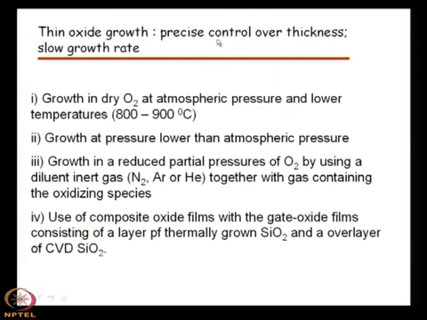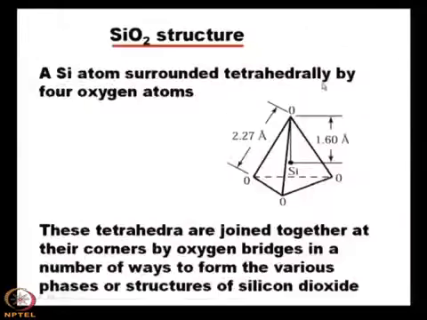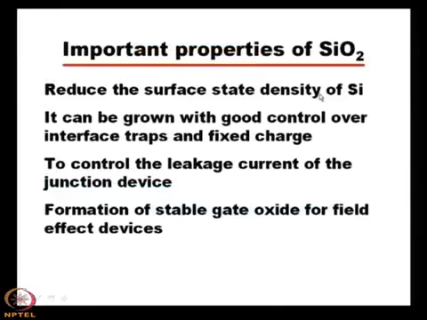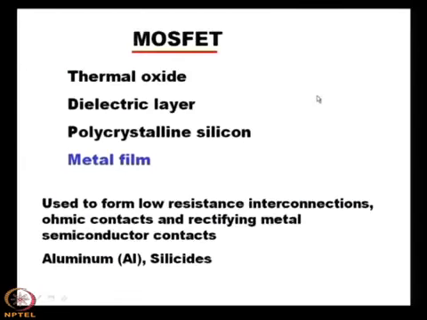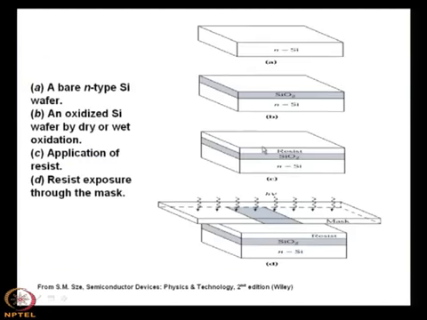Slow growth rate is important where one can precisely control the thickness, because one can see that in process technology, when we talk about oxidation, it is one of the process steps in planar technology, and we can see that oxidation is the first one, along with lithography, ion implantation, metallization, etc.